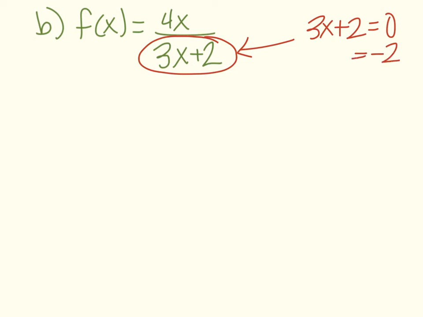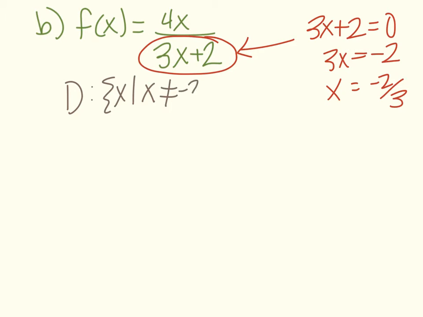I would need to subtract 2 from both sides, and then I would need to divide by 3. So the denominator equals 0 when x equals negative 2/3. That's going to be our excluded value. The domain should be all real numbers such that x does not equal negative 2/3.